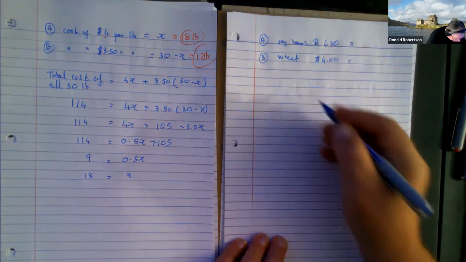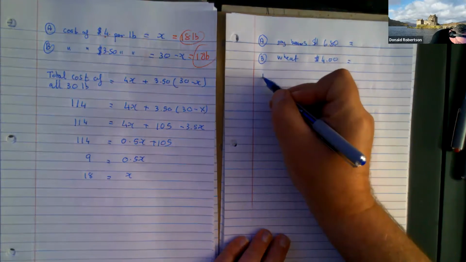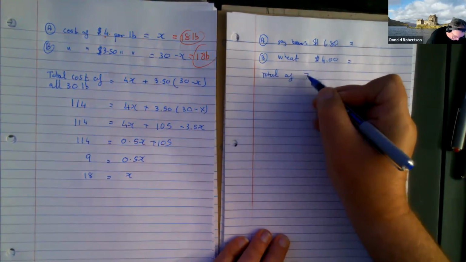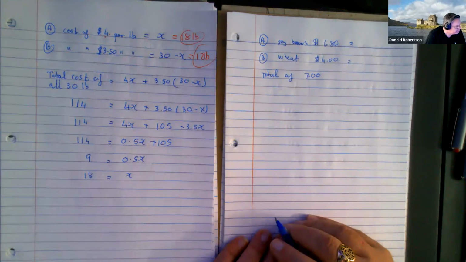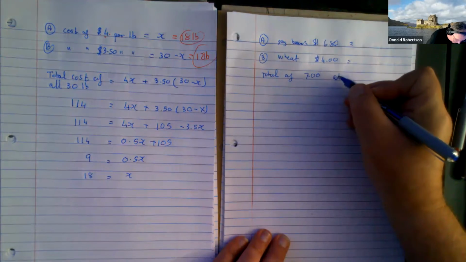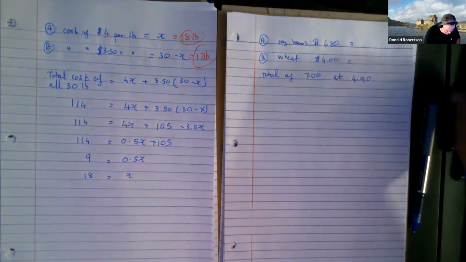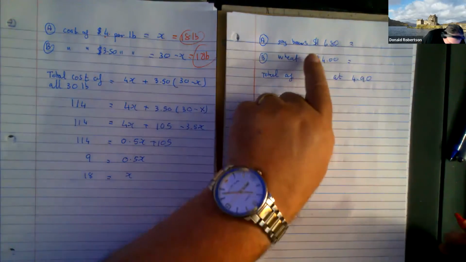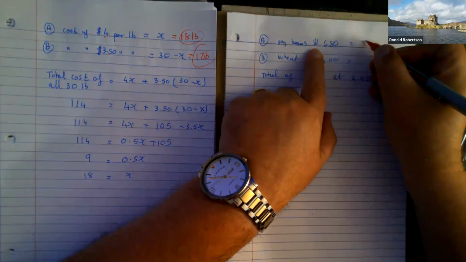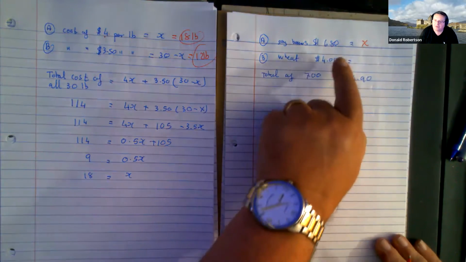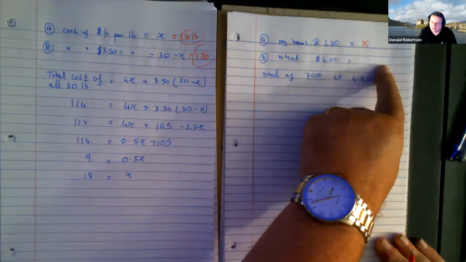And we know that you're going to get a total of 700 bushels, 700 pounds, and they're going to come in at $4.90 a bushel, right? So I don't know how many soybean bushels. I'm going to use X. I'm now going to figure out how much wheat there would be.